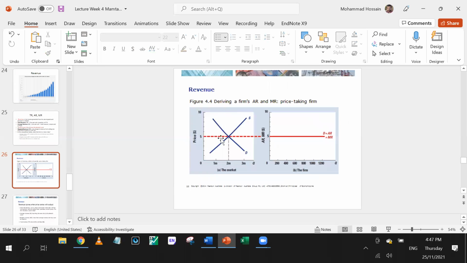So here is our revenue. You can see the demand curve and supply curve, and this is your price. This rectangle is your revenue.